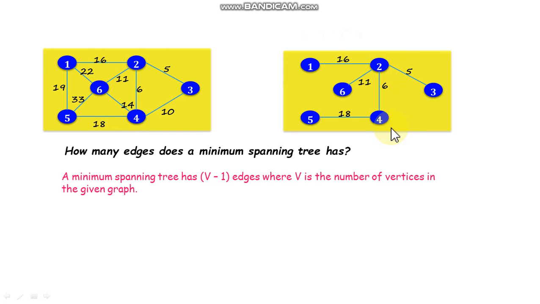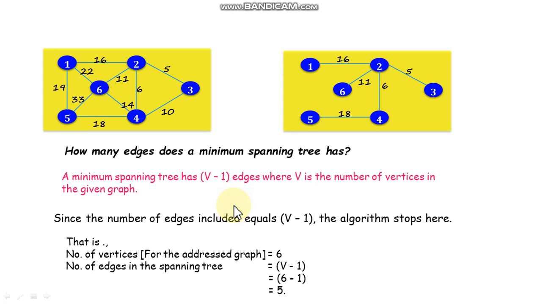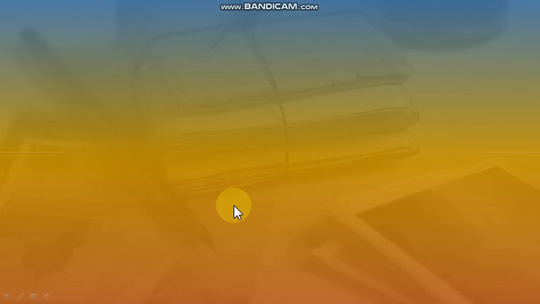So the minimum cost spanning tree should have V minus 1 edges, that is 6 minus 1 edges, that is 5. So that is all about the minimum cost spanning tree.